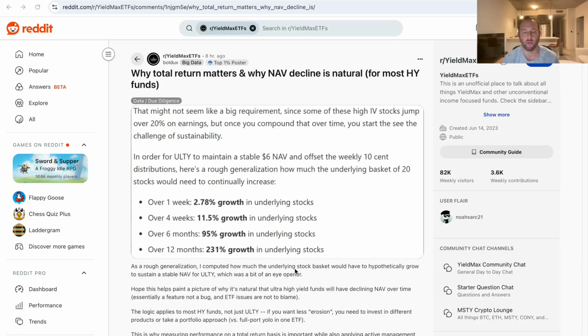Sure, if you want to test the waters here and get a bit of exposure and get a couple of yields and jump out, be my guest. But we're trying to focus on building portfolios for the future, so that you can set it and be comfortable and sleep at night without worrying, hey, is this NAV going to destroy my yield? Am I going to get these expected payouts at the expected distribution that ULTY has?